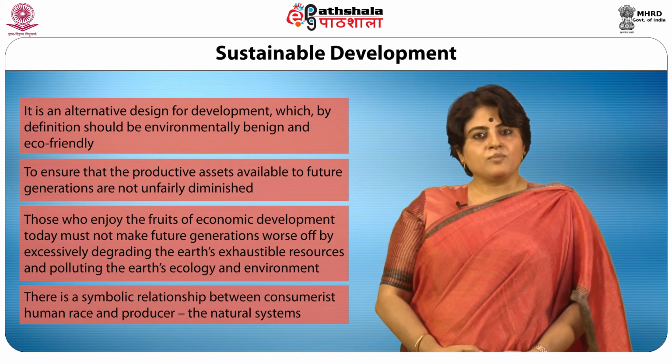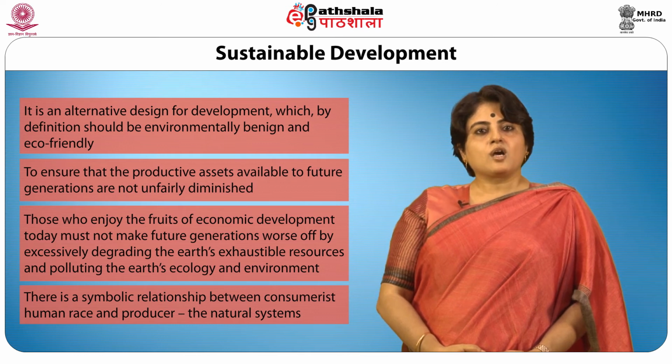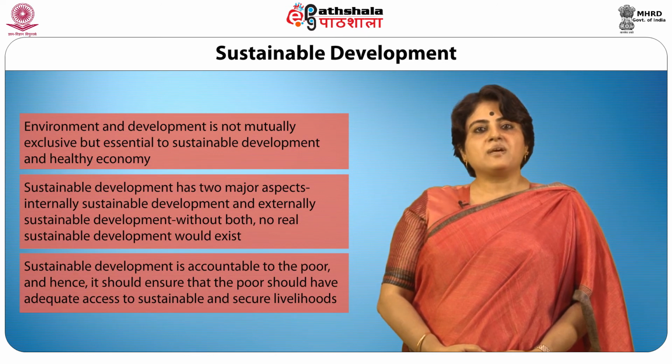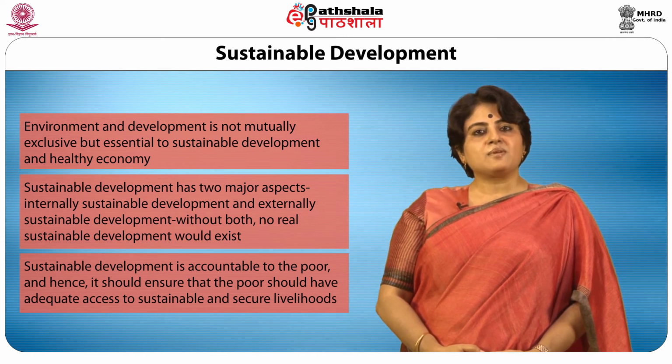There is a symbiotic relationship between the consumerist human race and the producer, the natural systems. Environment and development are not mutually exclusive, but essential to sustainable development and a healthy economy.